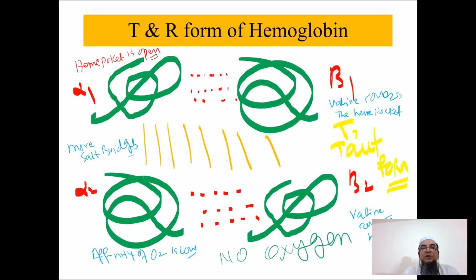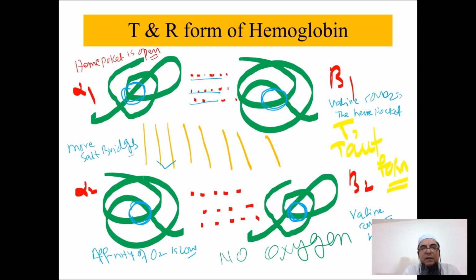Let's see what we mean by the T form and the R form. In the T form, these are 4 chains: alpha 1, alpha 2, beta 1, beta 2. As I said earlier, the heme pockets in the alpha subunits are open, whereas the heme pockets in the beta subunits are closed by the amino acid valine. They are interconnected with each other, and they have many salt bridges in between them.